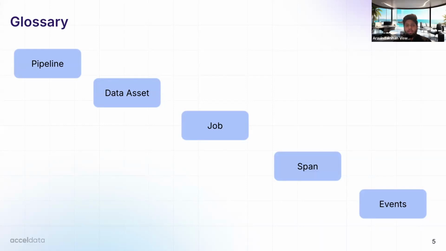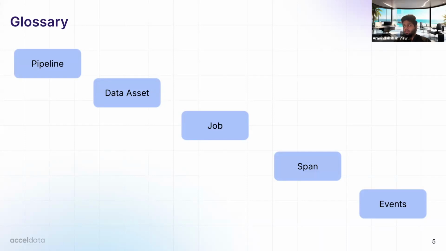A pipeline is a base entity in Acceldata, and each pipeline can have executions, metadata, and metrics, which are encapsulated and used for exploration and monitoring. Moving on to the next glossary, which is data asset. A data asset in Acceldata can be a table or file or column or database or schema. Anything of that sort, we refer to as a data asset.